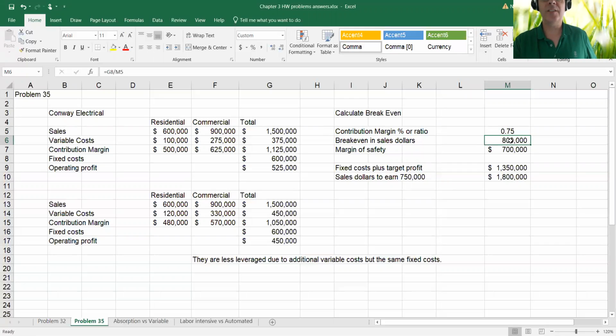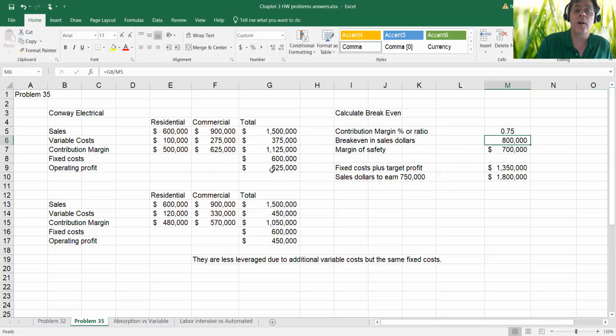We take our fixed cost of 600,000 and divide it by 0.75, and we get $800,000 break-even in sales dollars. So as we look back at our base case, we're well above the break-even point, right? Because our sales are 1.5 million and the break-even point is 800,000.